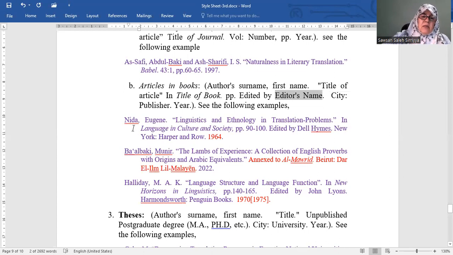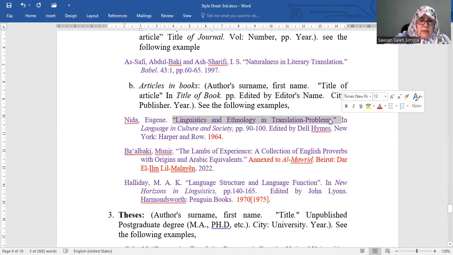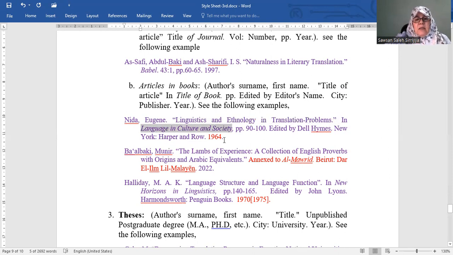City, publisher. Look here. Hymes, Dell. This is the title of his article. Notice the title of the book is written in italics. Then you have a comma and PP 90 to 100. It is edited by, notice, Dell Hymes. I don't say Hymes, comma, Dell.